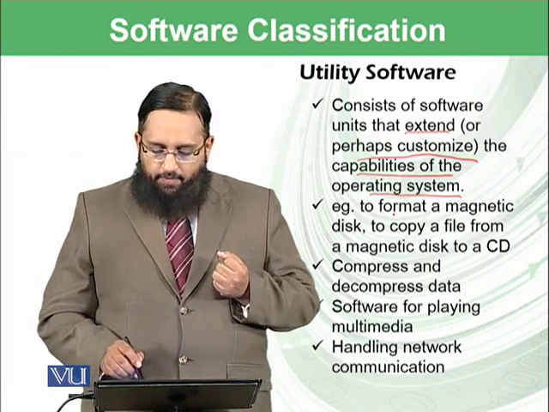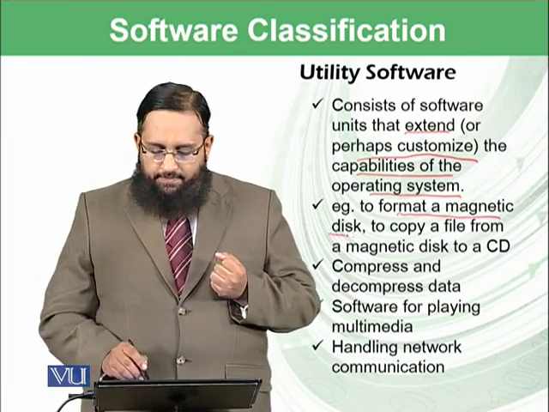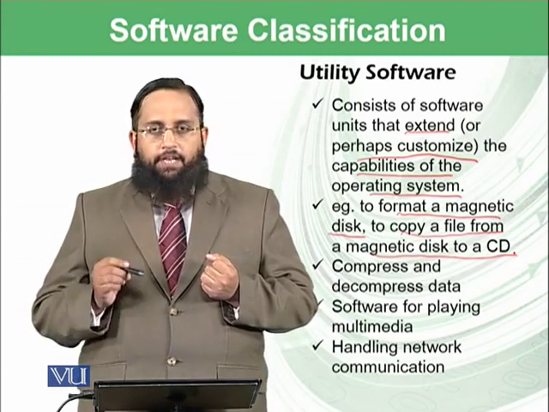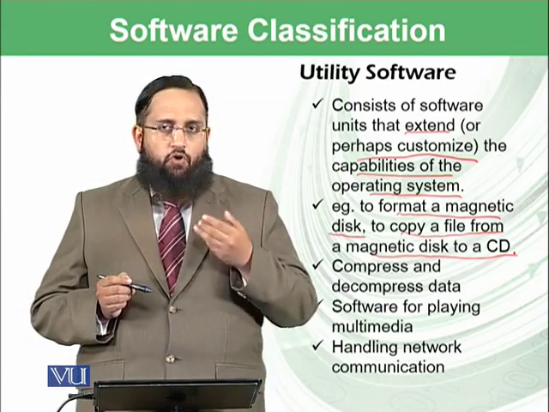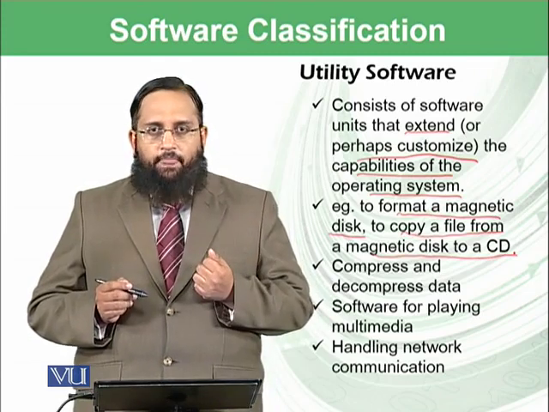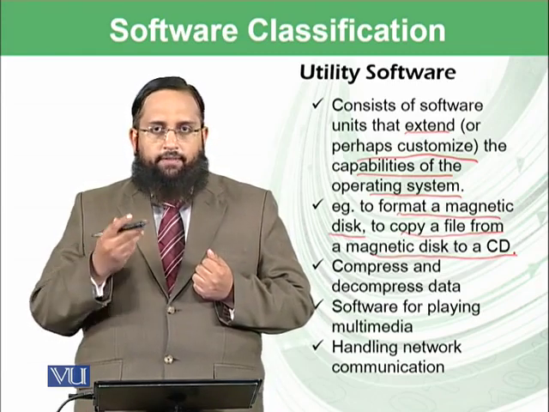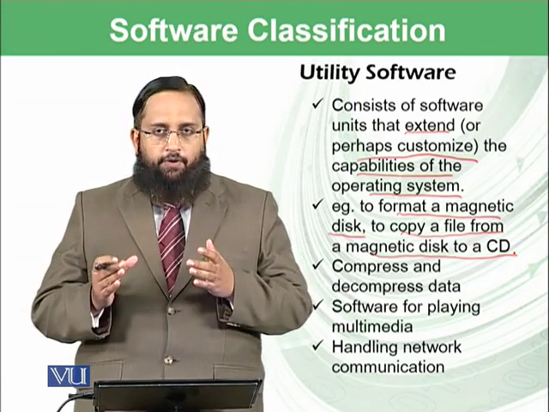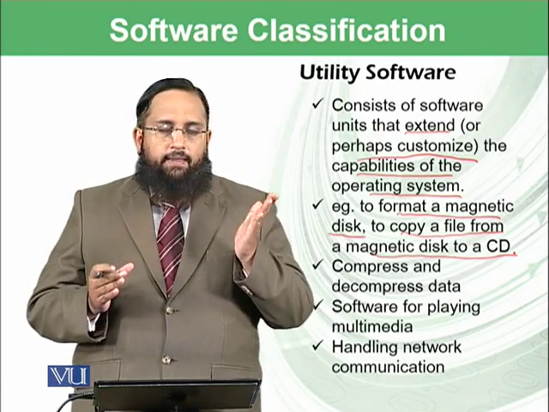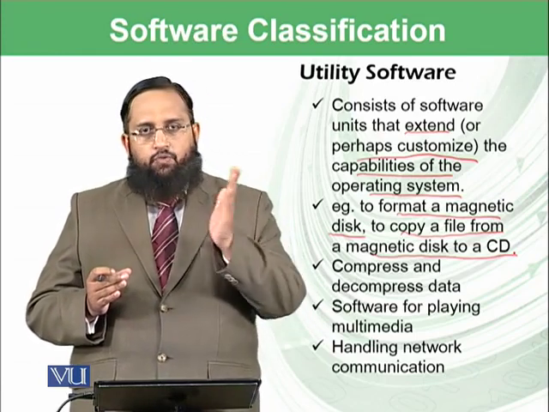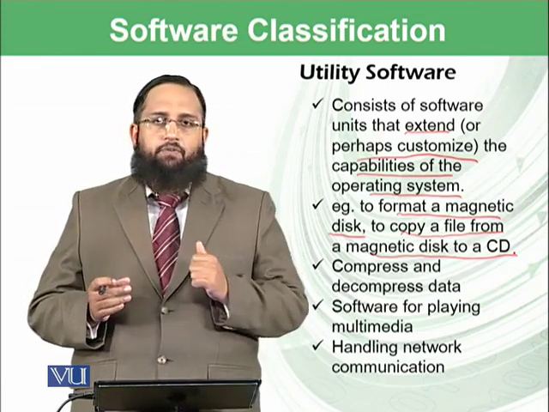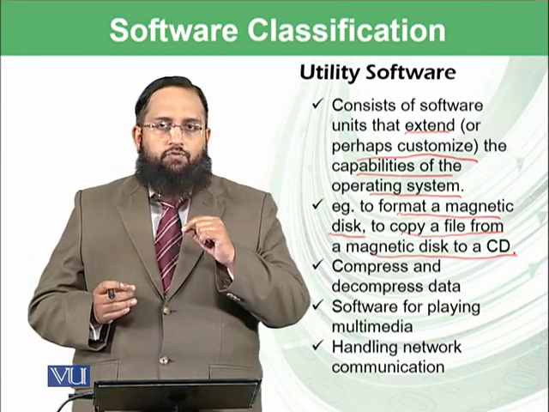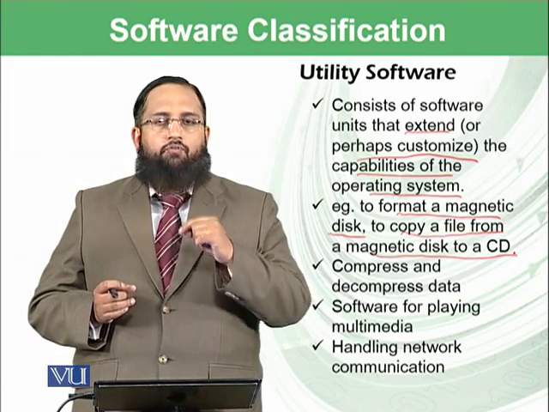For example, software to format a magnetic disk, or to copy a file from a magnetic disk to a CD. Such software can be installed on your computer. If you purchase a DVD or CD drive in your computer and you want to copy a file from the magnetic disk to a DVD or CD-ROM, you need a particular software. Such software will be known as a software utility.